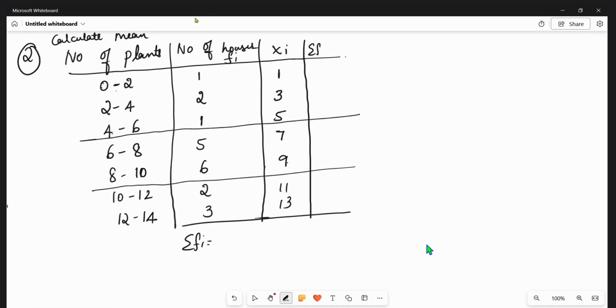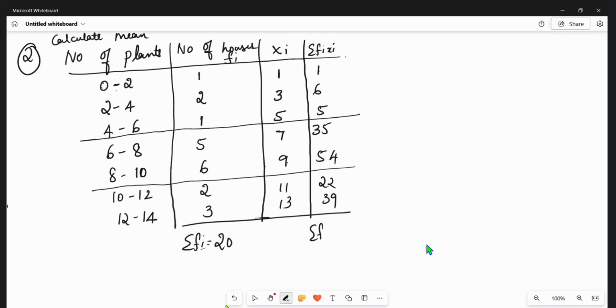So sigma Fi into xi is the multiplication. You will get 1, 6, 5, 35, 54, 22, 39. Sigma Fi is adding all this, that is the frequency, this is 20.